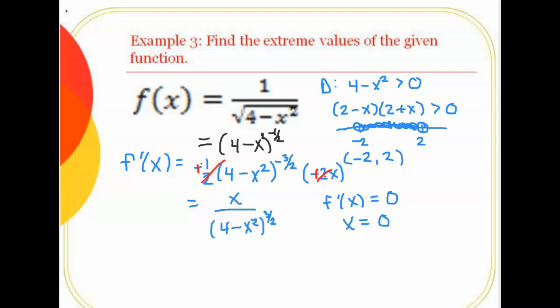The other critical points would be when f prime of x does not exist, which would be when the denominator is equal to 0. But in the case of this problem, when the denominator equals 0, it's outside our domain because the denominator will equal 0 at the endpoints, which are not in the domain.